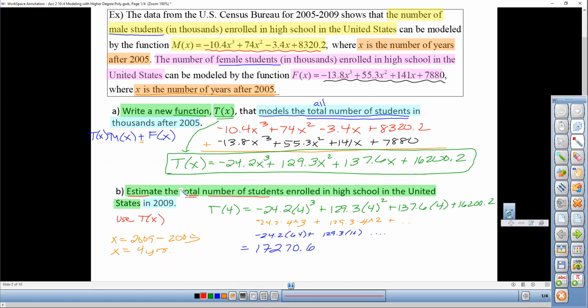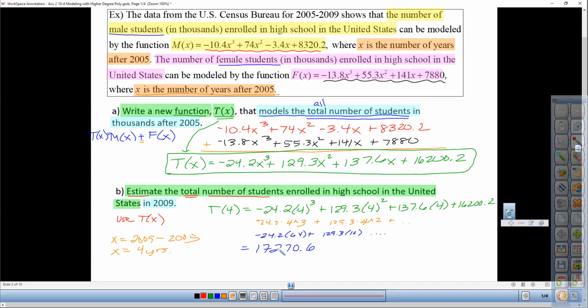So this answer is supposed to represent an estimate of the total number of students enrolled in high school in the entire United States in 2009. Based on what you know about the population of the United States, does it make sense that a little over 17,000 total students are in high school in 2009?